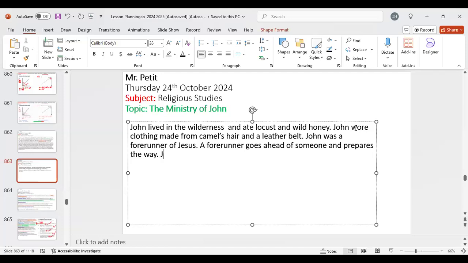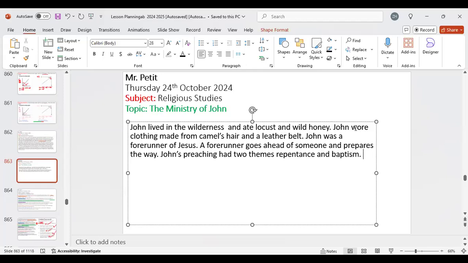John's preaching had two themes: repentance and baptism.